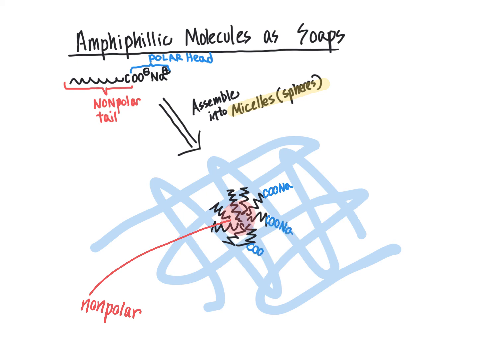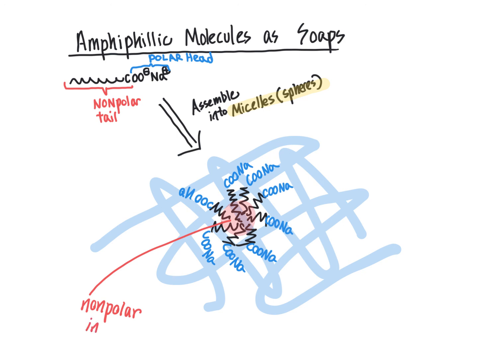And the reason why they prefer to face the water is because they are relatively water-like. They are ionic compounds, and ionic compounds, like salts, are generally water-soluble. So we see around the sphere that our carboxylate salt groups are going to assemble facing the aqueous solution, while the interior is going to be nonpolar.